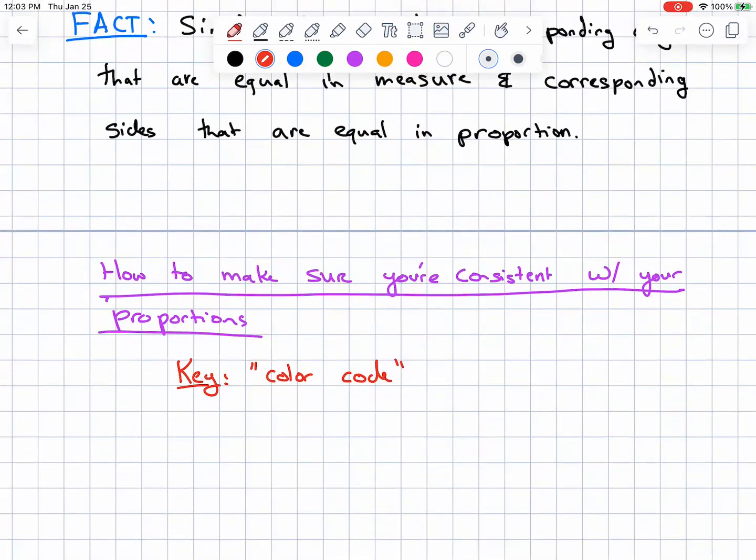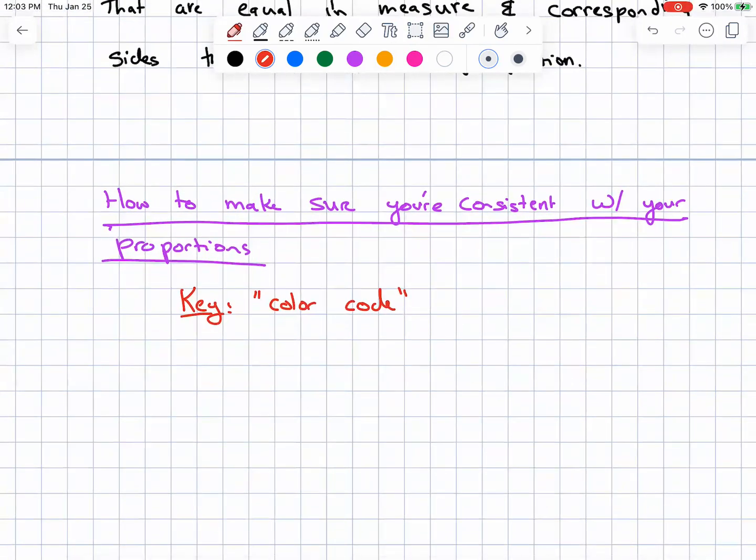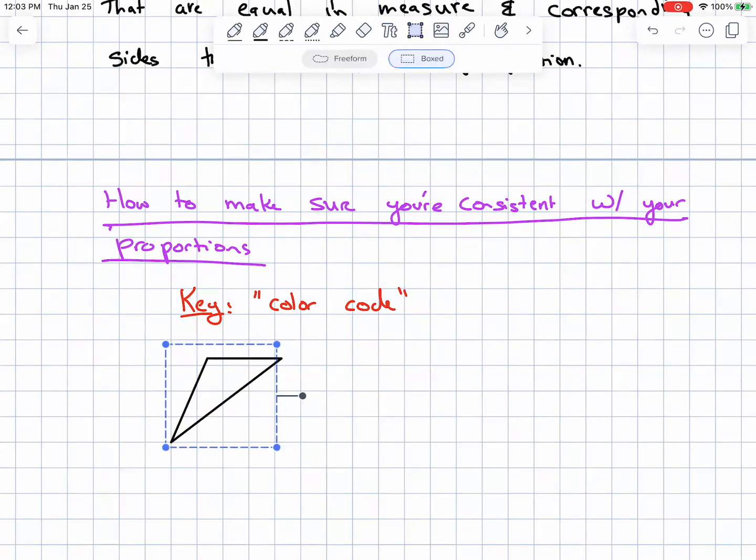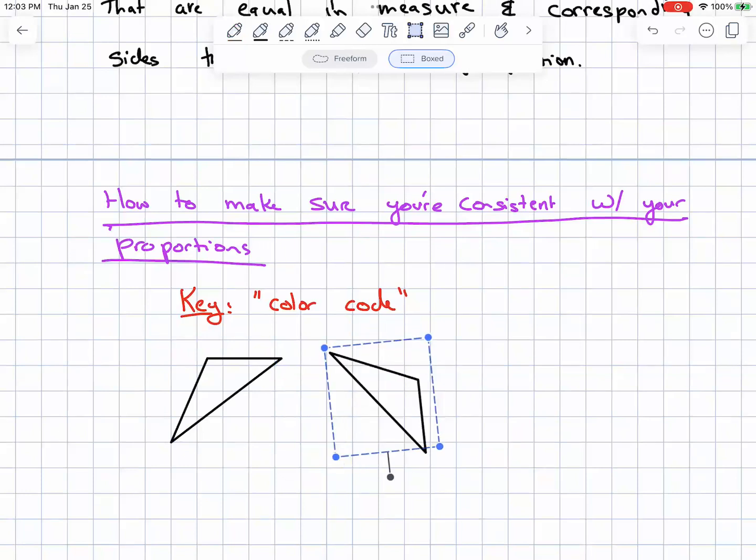So I'm going to draw two similar triangles in completely different orientations. The first one I'm going to draw like this. And then because I have a tablet, I can do this. Sadly, you guys cannot. But you see how they're in completely different orientations.